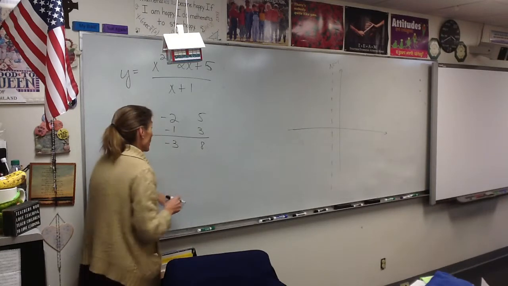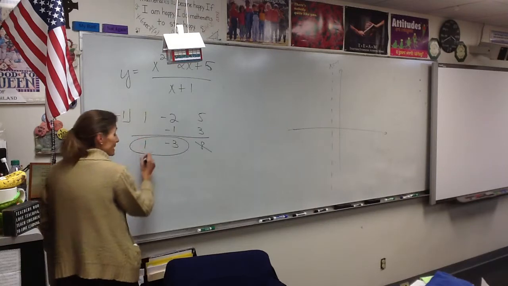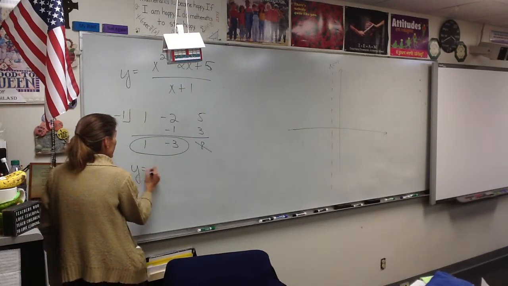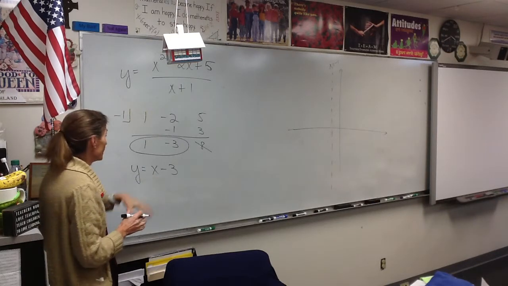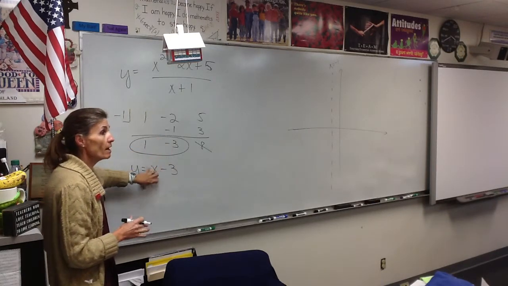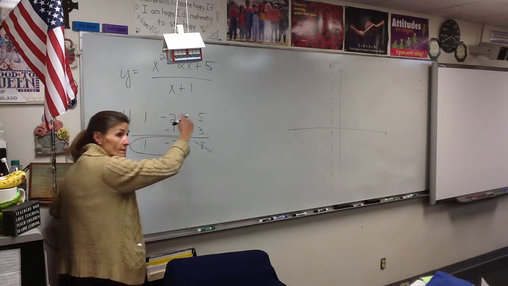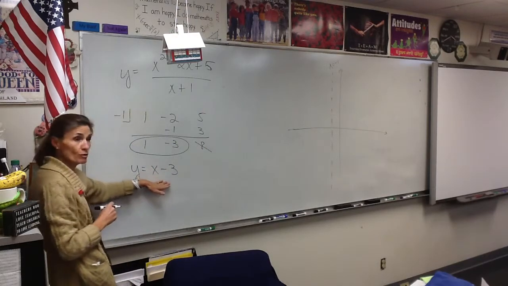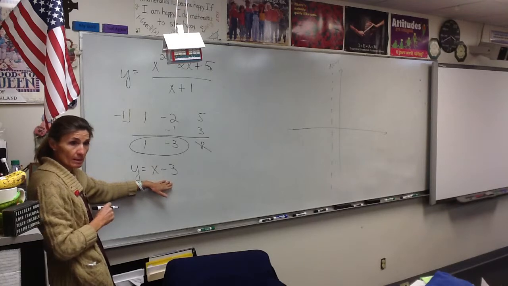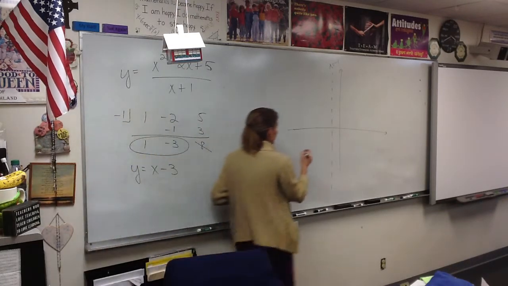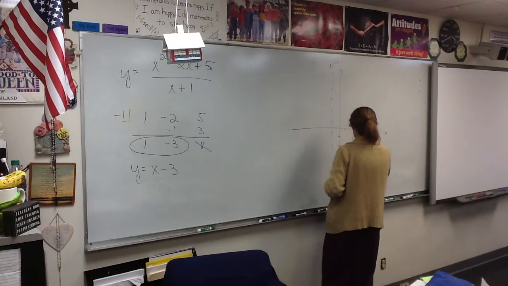8 over. So I want to forget the remainder, and this becomes our slant asymptote: y equals x minus 3. The quotient becomes your end behavior asymptote. So instead of drawing a horizontal asymptote, now you're going to draw this line. What can you tell me about this line? It has a y-intercept at -3 and a slope of 1, right?